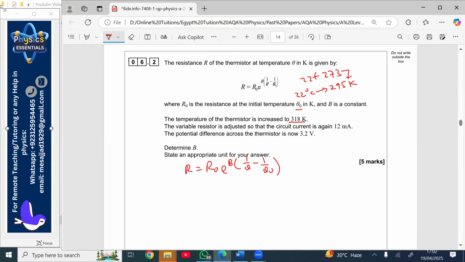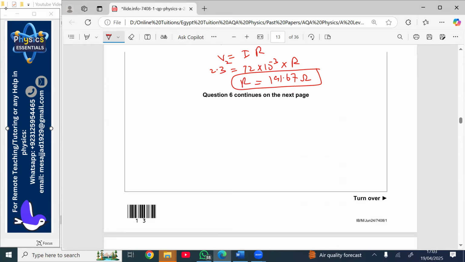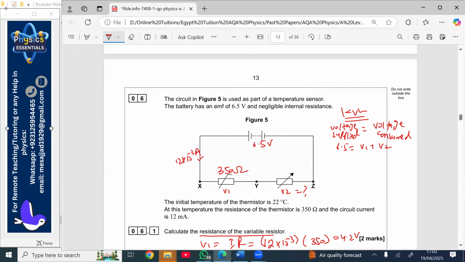Since R naught is the initial resistance, and the initial resistance was 191.67 that we have just calculated, for the variable resistor... the resistance of the thermistor is 350 ohms.